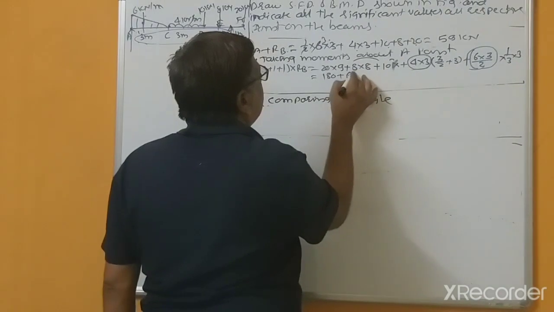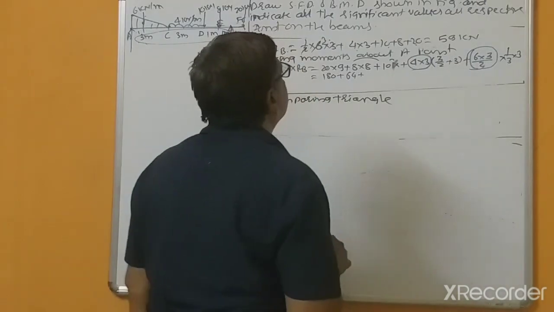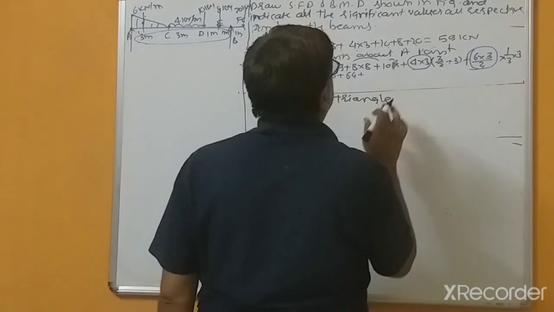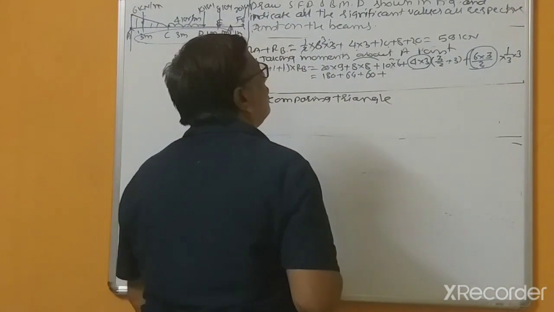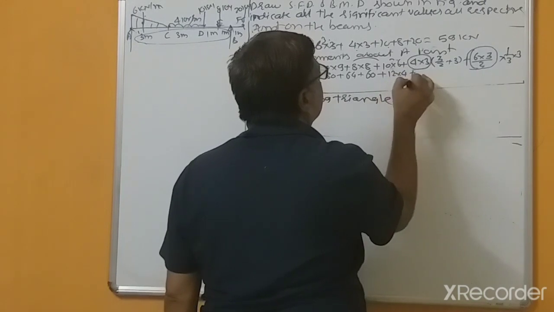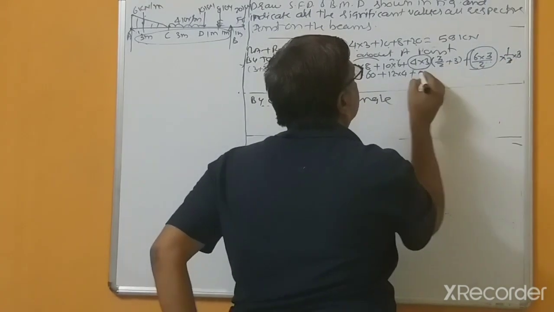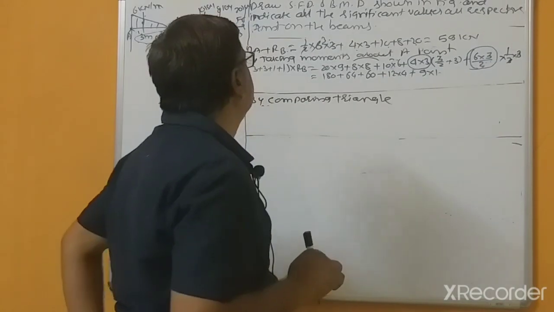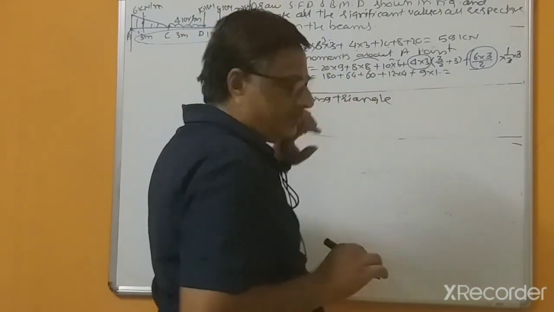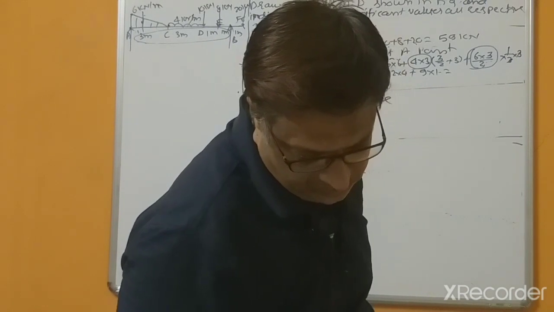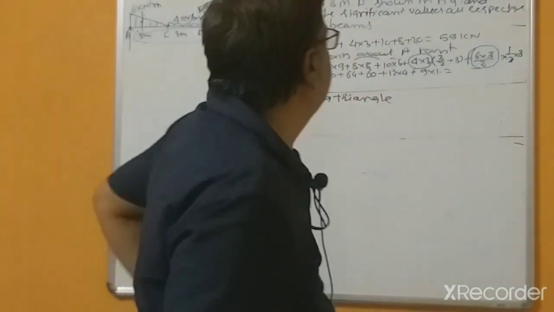180 plus 64 plus 10 into 6, 60, plus 12 into 4, 48, plus 9 into 1. So that's equal to 359.